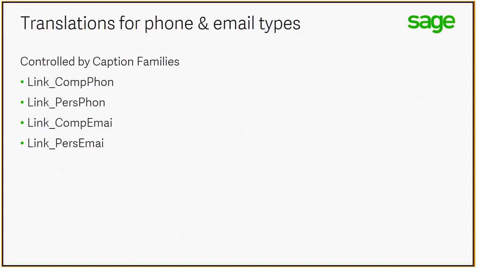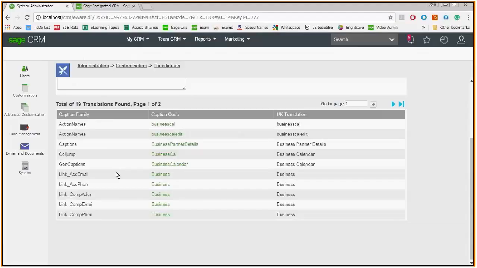So if I want to play with adding a new email type for a company, then I need to look at the link_comp email family. So that's what I want to look for.